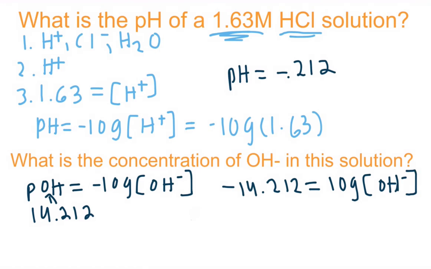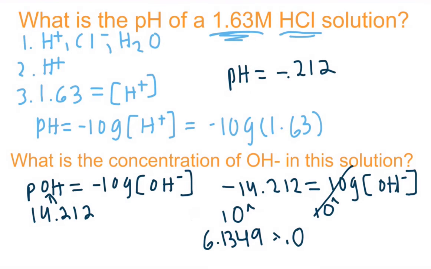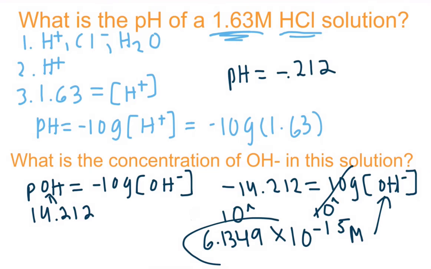And then to undo that log, we're going to use 10 to the power. And when we do that, we're going to get an answer of 6.1349 times 10 to the negative 15th molar as our answer. Circle that.